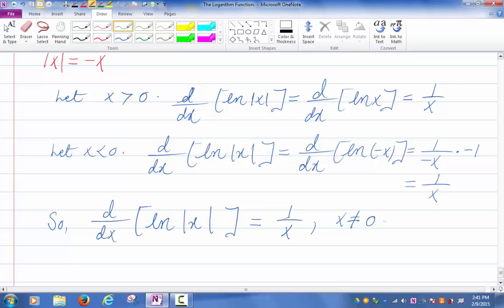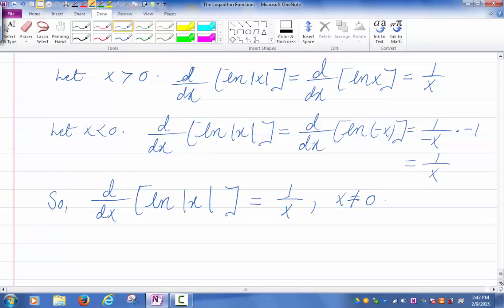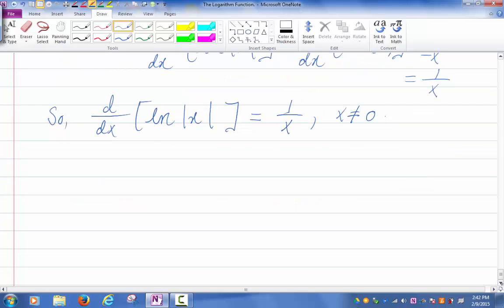So the derivative is not 1 over absolute x, it is just 1 over x. Is everybody clear? You need to remember this derivative, okay? I suggest that you start a notebook or just a sheet of paper where you write down all the formulas, okay?